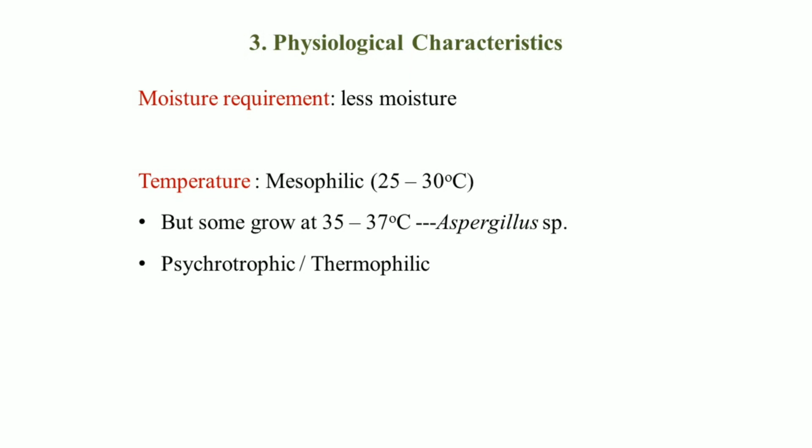Some are psychrotrophic. They grow well at refrigeration temperature. Some are thermophilic. They grow at more than 45 degrees Celsius. Molds are aerobic. pH requirement. It may vary from 2 to 8.5, but most of them grow at acidic pH.